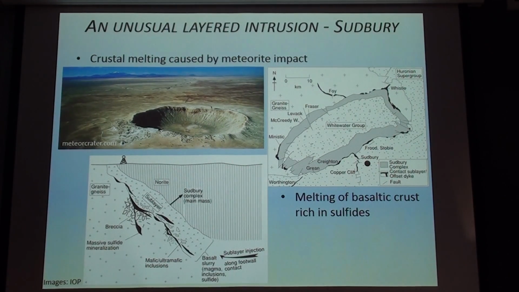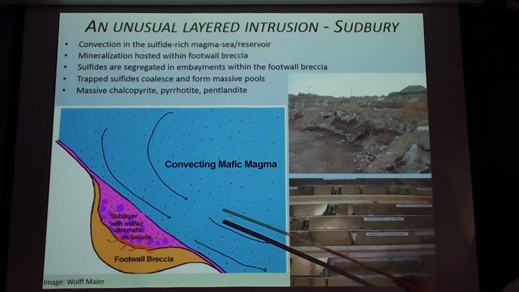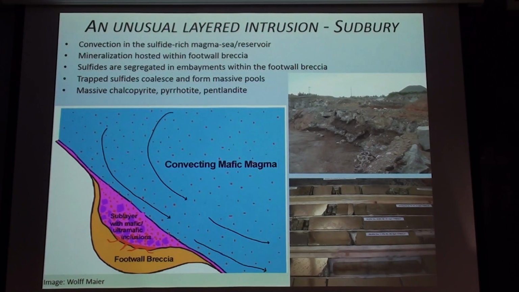And within this basaltic magma lake, we have convection and sulfides that basically gather and precipitate towards the bottom, near the breccia, so the broken up rock caused by the impact.